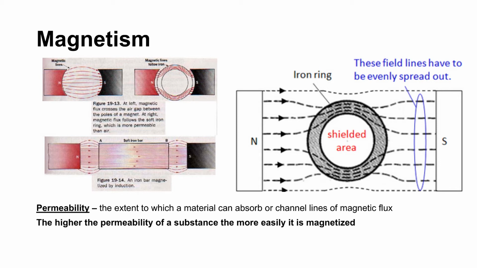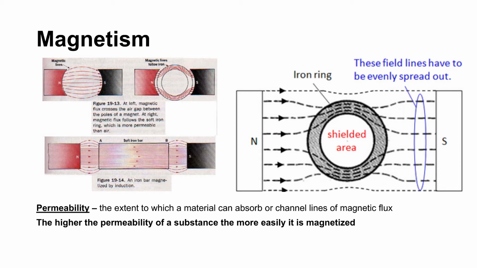Now, the higher the permeability of the substance, the more easily that substance can be magnetized. And iron is one of those substances that can be magnetized quite easily. Now, the purpose of the top left diagram is to show that you can use a material like iron to channel the lines of force in a particular way.